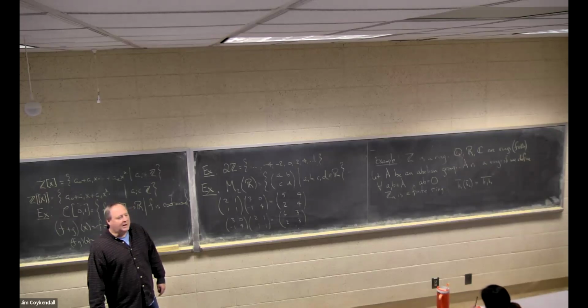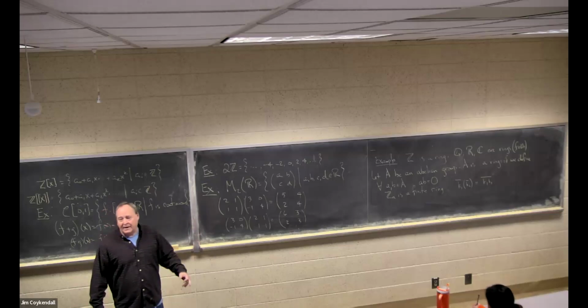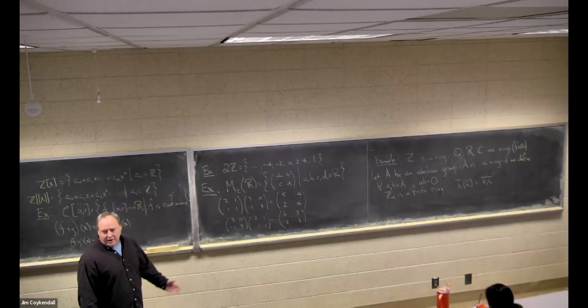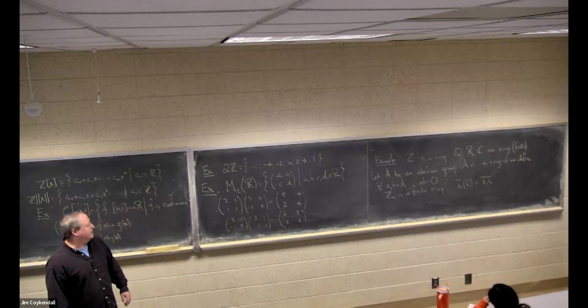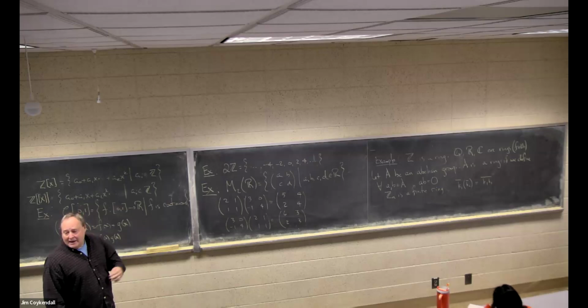I would have to be about the unluckiest person that's ever lived to make up two random matrices like that and have them commute, as long as they're not diagonal or something like that. So the order here does matter.